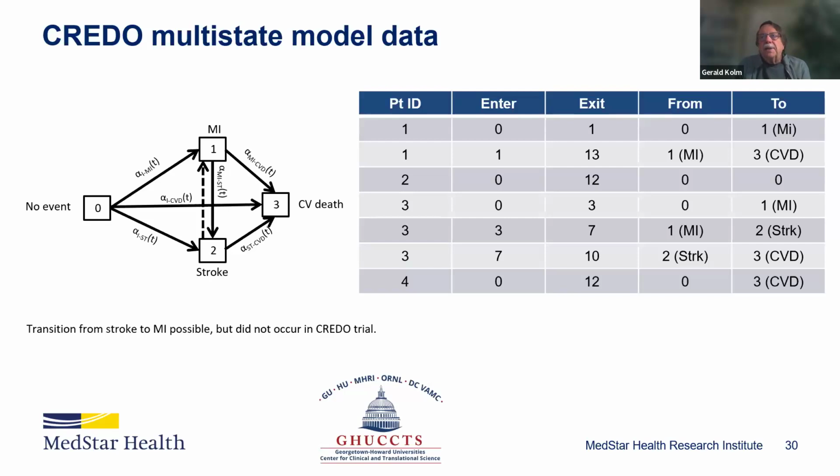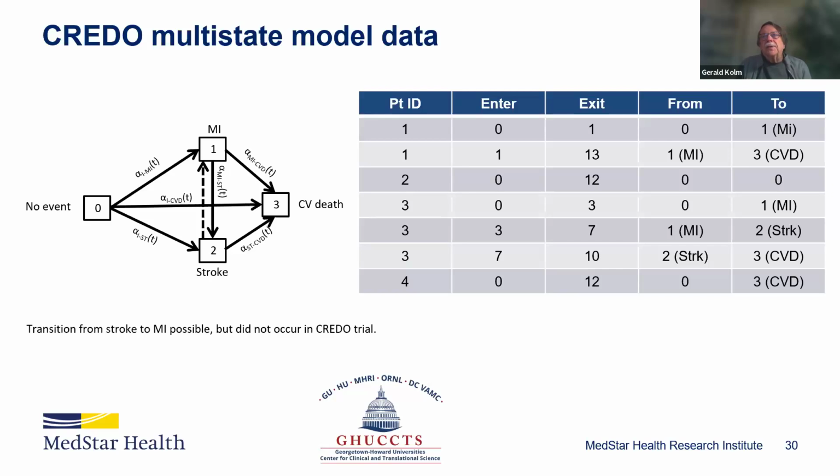Patient number 3 is an example where they have all 3: a non-fatal MI at 3 months, then at 7 months a non-fatal stroke, and then at 10 months a cardiovascular death. Patient 4 begins in the initial state, and at 12 months experiences a cardiovascular death without experiencing either an MI or a stroke.